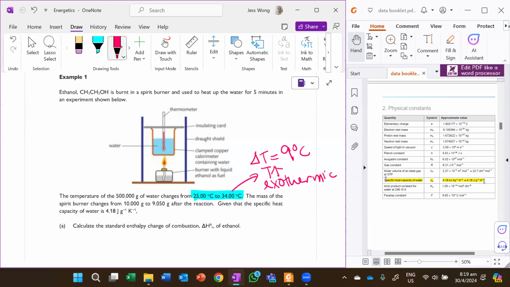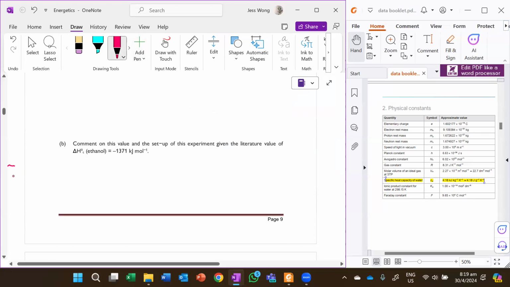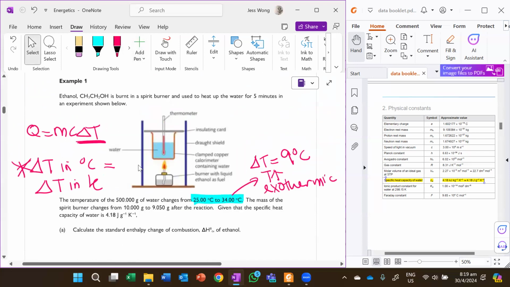Okay, take note that even though my equation is Q equals mc delta T, and the note says that delta T is in Kelvin, delta T in degrees Celsius is the same as delta T in Kelvin. This is a very common mistake. Some students, after calculating the delta T in degrees Celsius, will add 273 to change to Kelvin, which is wrong.